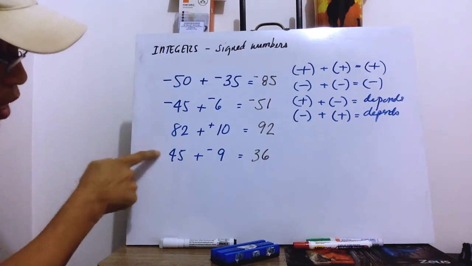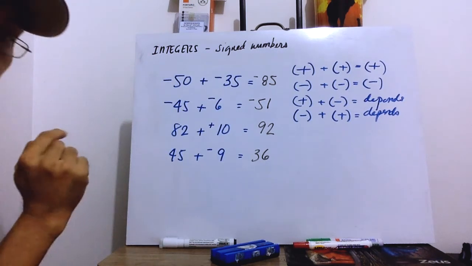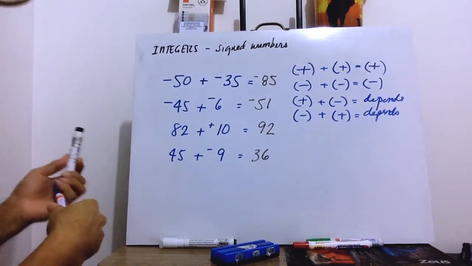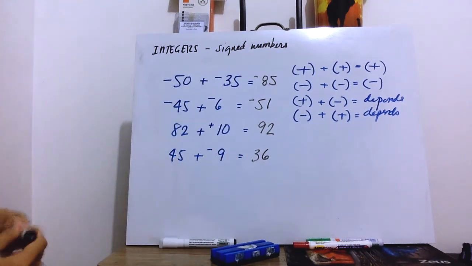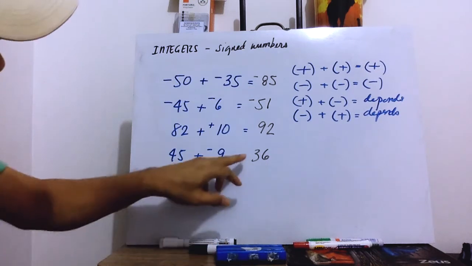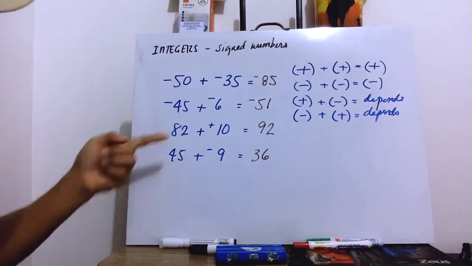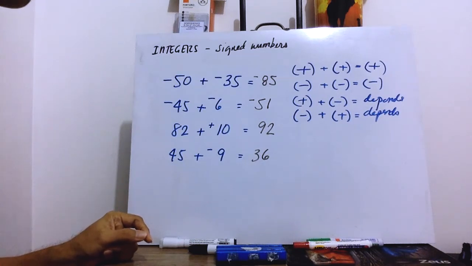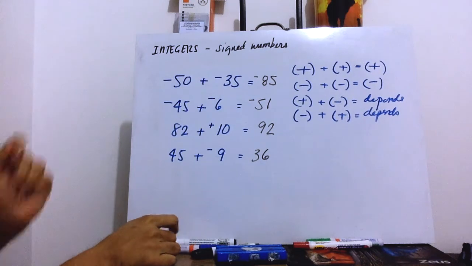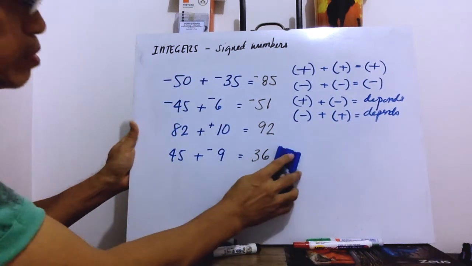And if you don't see any sign, it means it's positive. Therefore, the answer there is positive 36. If it's positive, you don't need to write the sign anymore. But if it's negative, you have to indicate the sign of the numbers. Very easy, just needs practice.